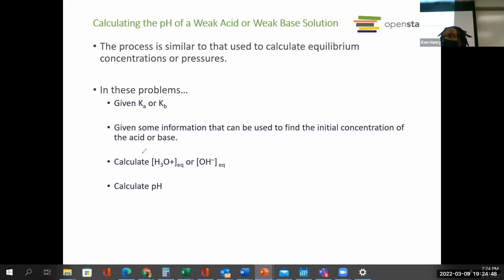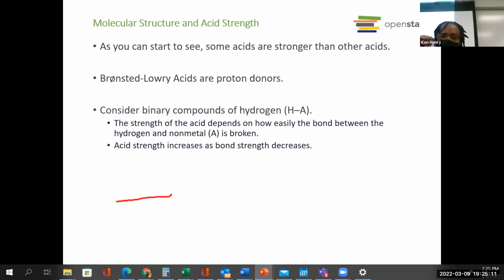Then you're going to calculate the concentration at equilibrium of our base or our acid, and then we're going to calculate our pH. I'm going to give you some problems here in a minute.